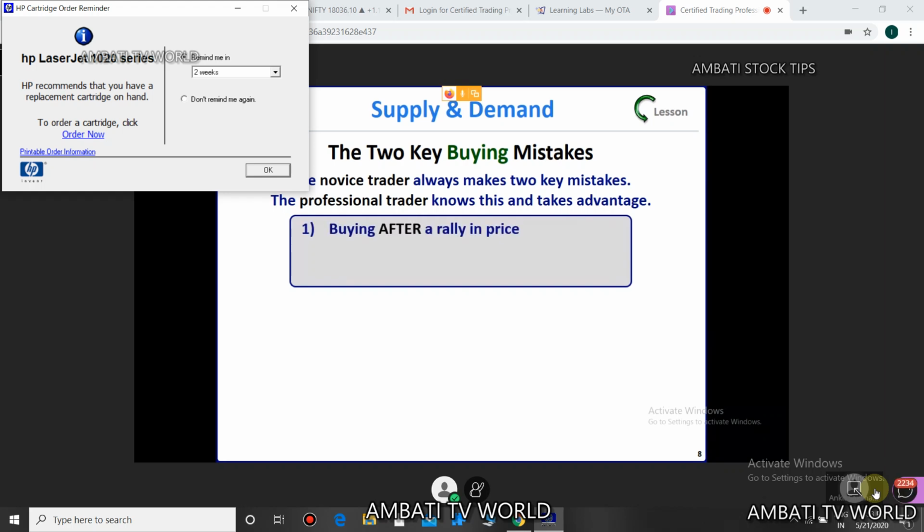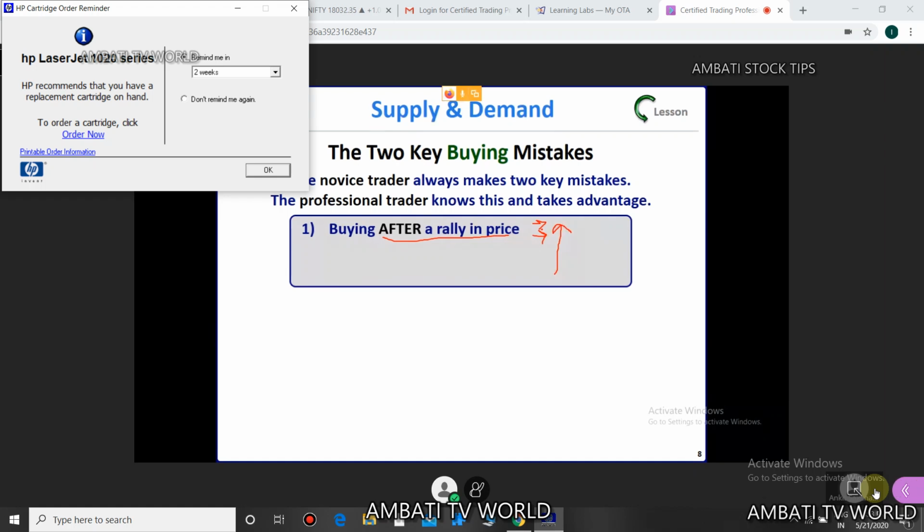So buying after a rally in price, isn't it? After the price has gone up, they start buying after seeing the price momentum, when they see prices moving up, and then they try to enter the stock.